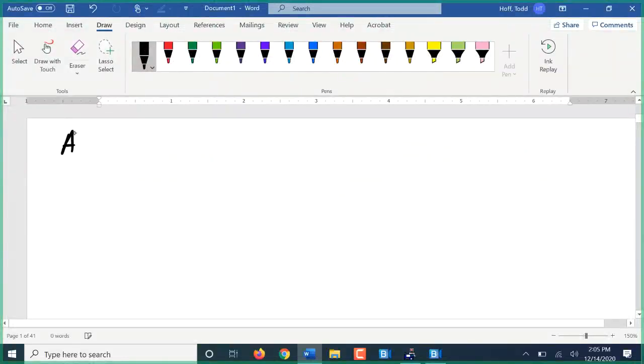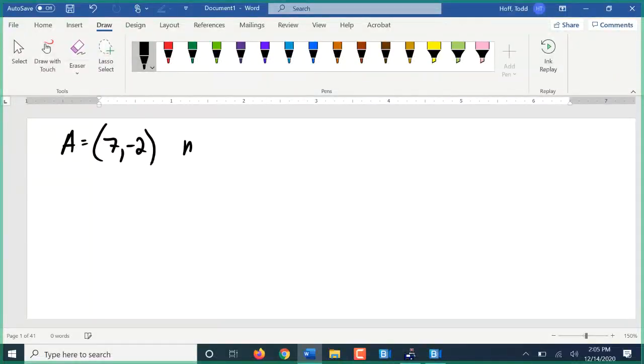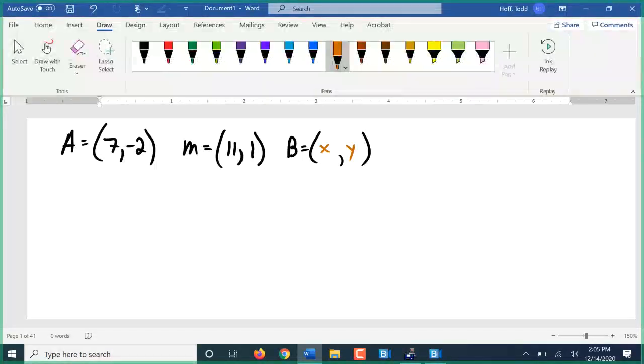So if I tell you that A is 7, -2, and the midpoint is 11, 1, and we're asked to find B. Now again, I'm going to just put in temporary coordinates, x and y for that point B, so I can use them in my formula.